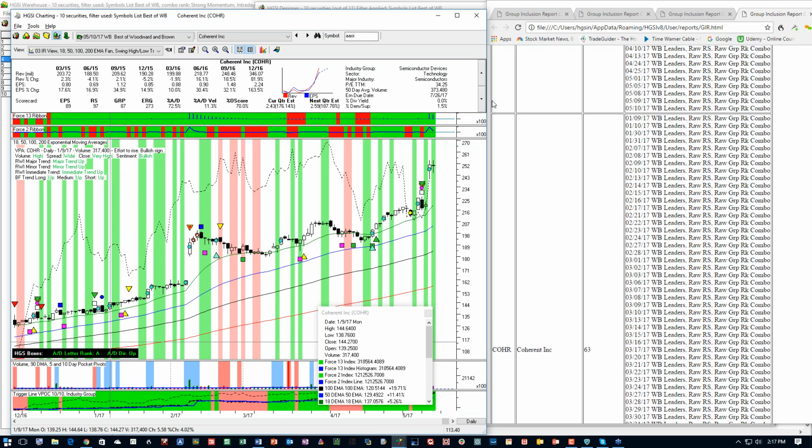IRBT doesn't appear on the list. What's wrong with this stock? Well, let's take a look at IRBT. What is IRBT? I don't care how you prospect, not every stock's going to show up.